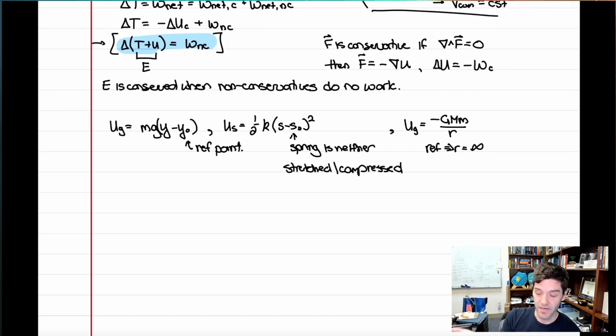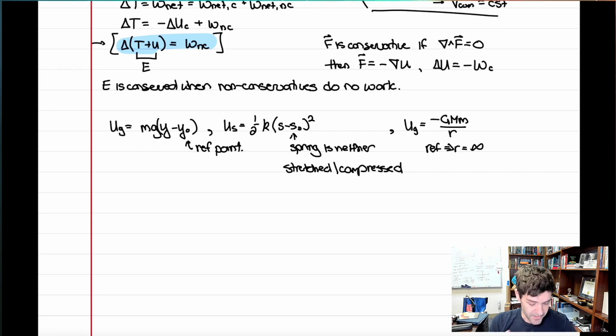So we have to put it somewhere else. The convention is usually to put it really, really far away from the object in question or the objects in question. So we call that r equals infinity. Where gravity, since gravity is an inverse square law, gets weaker and weaker and weaker and doesn't actually ever vanish until you go out to this hypothetical r equals infinity.